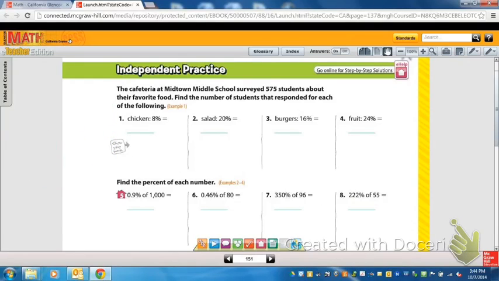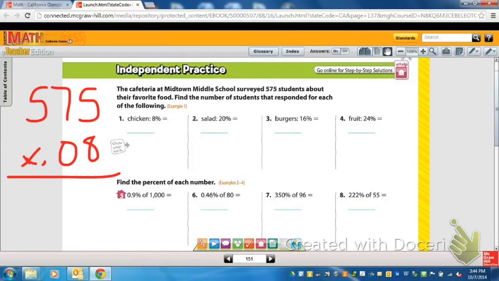So we're going to go 575 times 0.08, or 8 hundredths. So 8 times 5 is 40. 8 times 7 is 56, plus 4 is 60. 8 times 5 is 40, plus 6 is 46.